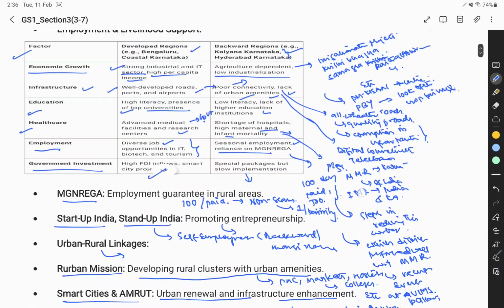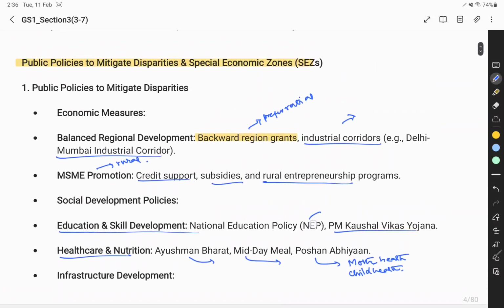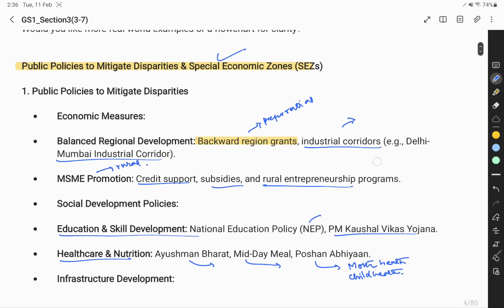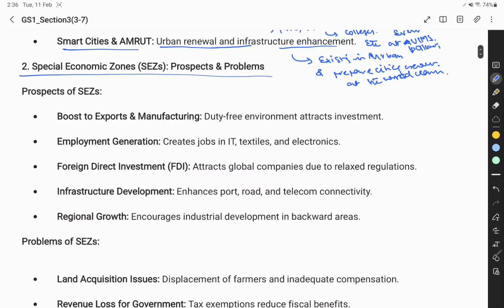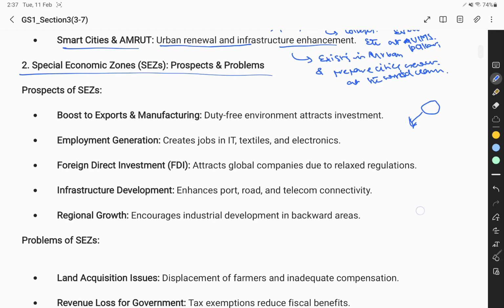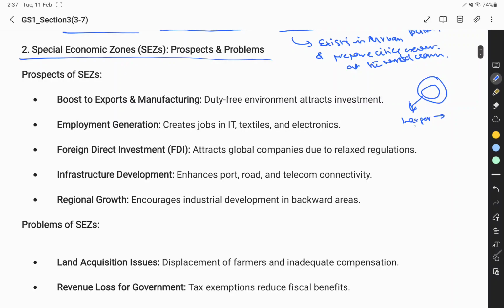Their prospects and problems. This exact wording is there in the syllabus, so it is important. So special economic zones: what are these zones? A specific area is demarcated as a special economic zone, wherein special rules are applicable. Greater independence is given to those who set up their factories on the premises in these zones.